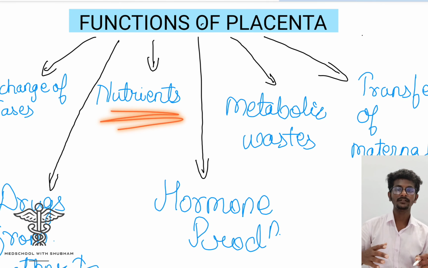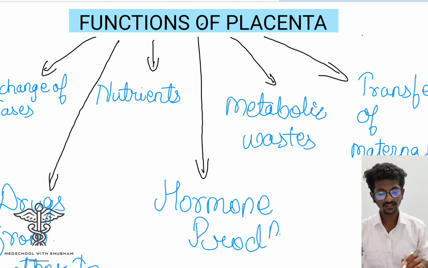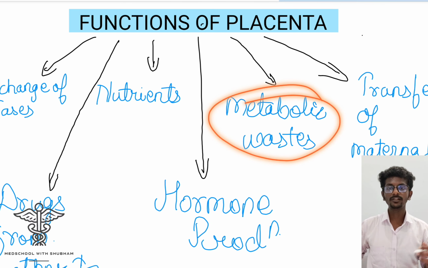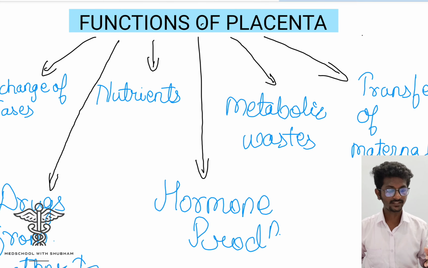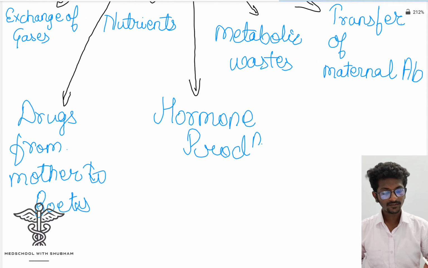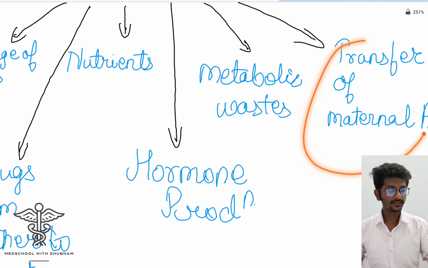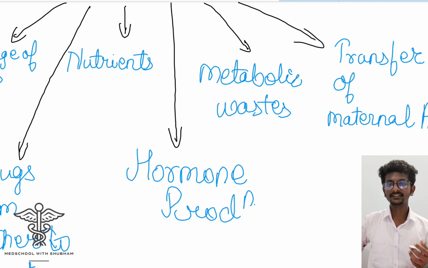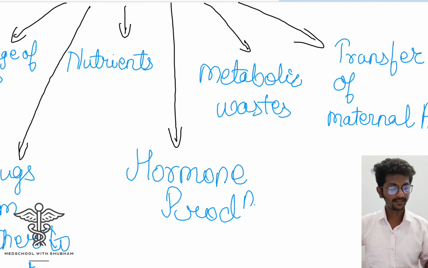Exchange of nutrients means transfer of nutrients from the mother's blood to the fetus. The metabolic waste that is generated in the fetus is thrown into the mother's blood. And also the transfer of maternal antibodies. In the initial stages, when the fetus is in the uterus, it can't actually make antibodies.